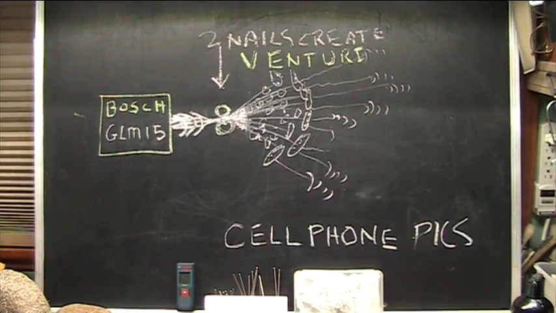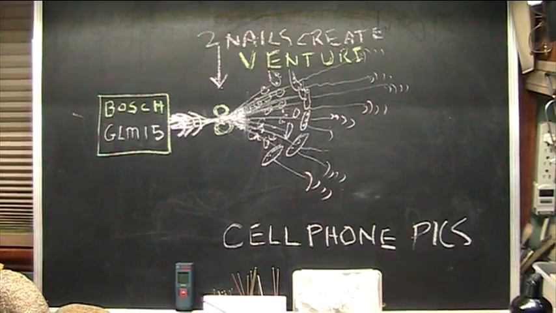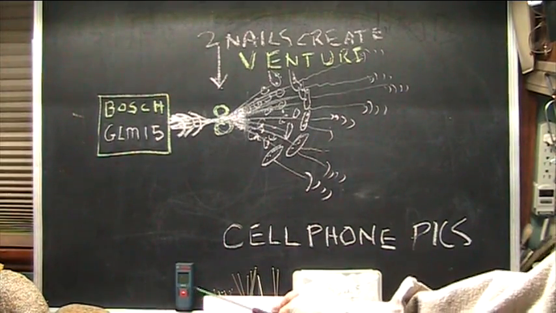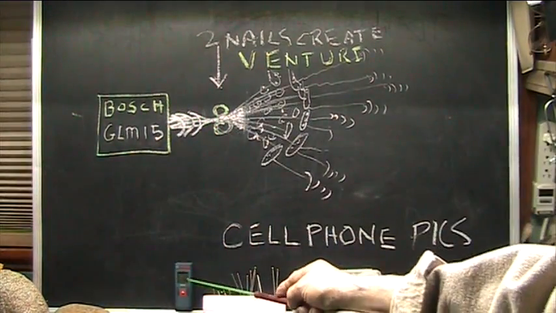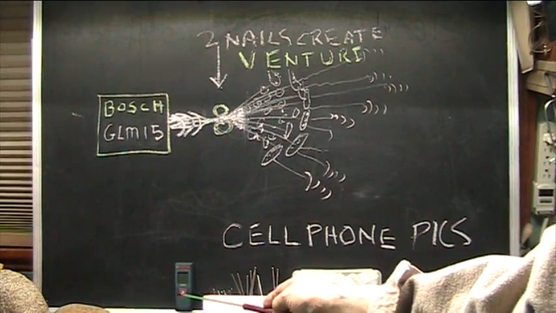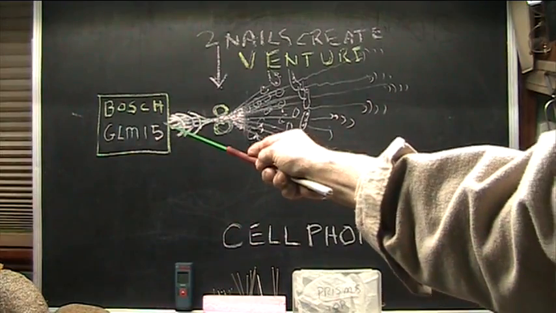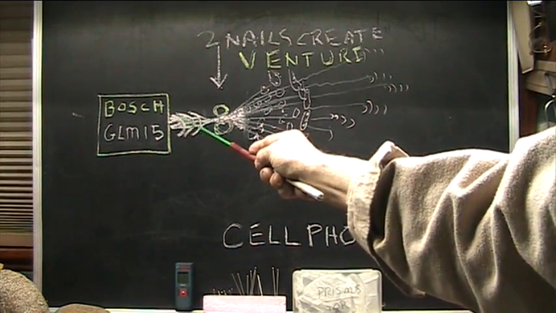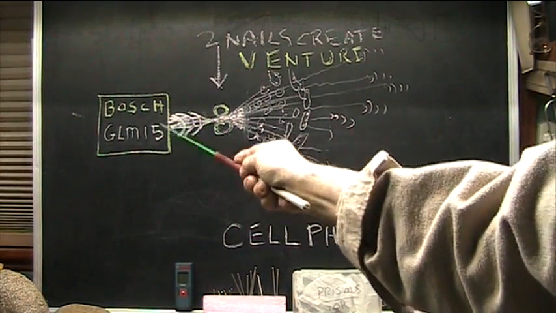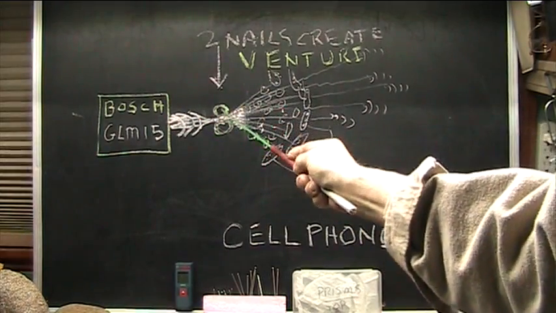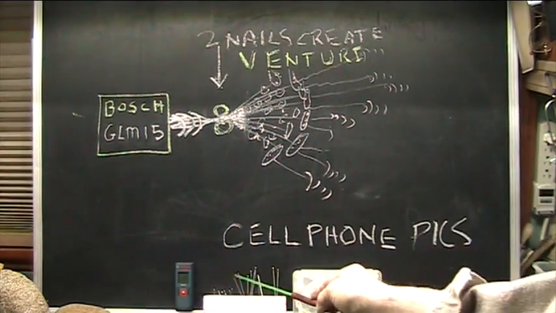Okay, you can easily do this at home for very little money. All we used was a GLM 15 Bosch construction laser. It's a red pulse laser. Very inexpensive. And it shoots out the red pulses of laser, and through here we put a couple of construction nails.